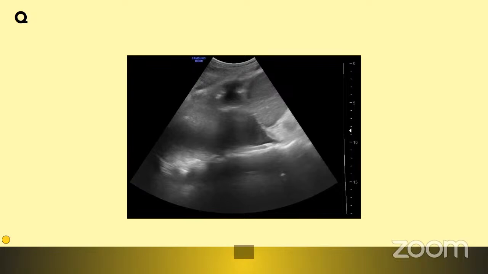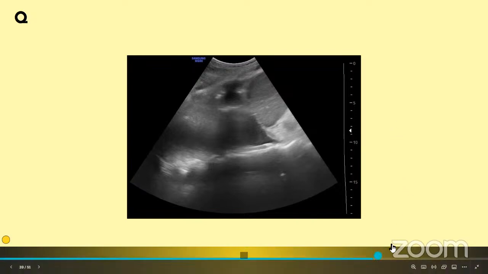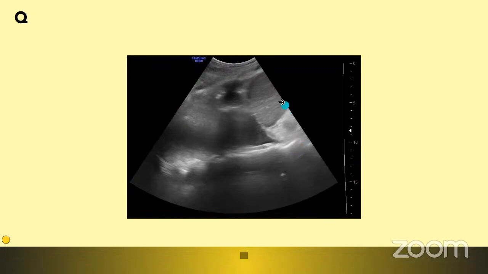Nobody would quiz you on identifying the site of the area, because ultimately you need a probe to figure out and orient yourself. However, I can share with you that this is the right upper quadrant area.